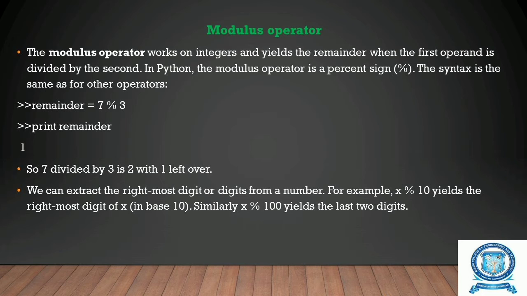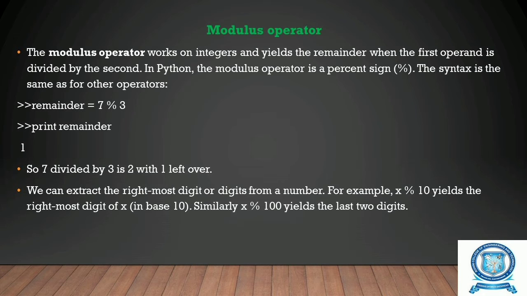So print remainder, if we type that, we will get the answer as 1. 7 divided by 3 will return 2 with 1 left over, that is 2 will be the quotient and 1 will be the remainder. We can extract the rightmost digit or digits from a number. For example, x modulo 10 will yield the rightmost digit of x in base 10. Similarly, x modulo 100 yields the last 2 digits.